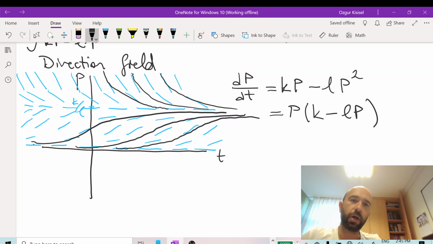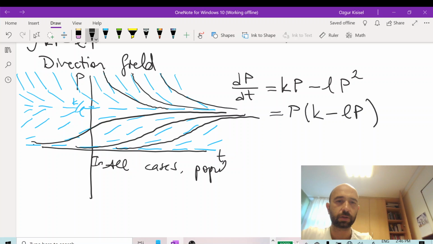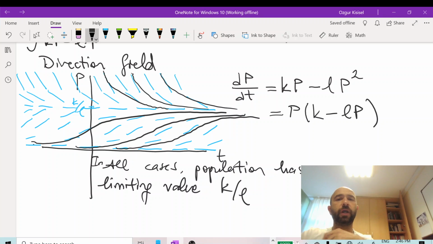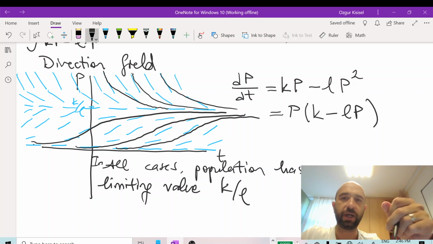So we didn't solve this differential equation, but we see that in all cases, population has a limiting value k over L. So we could deduce this even without solving the differential equation, just from the direction field.